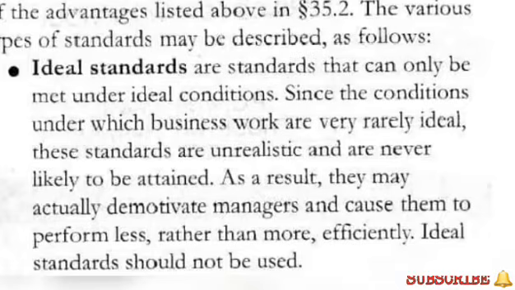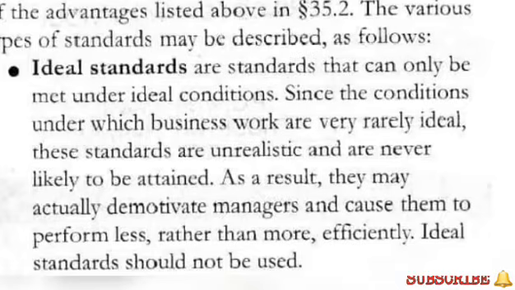Since the conditions under which the business works are very rarely ideal, these standards are unrealistic and are never likely to be attained. As a result, they may actually demotivate managers and cause them to perform less rather than more efficiently. Ideal standards should not be used.